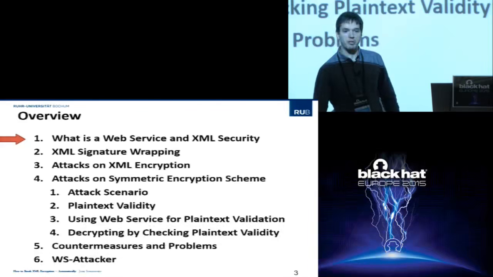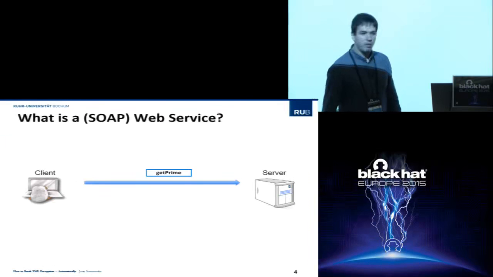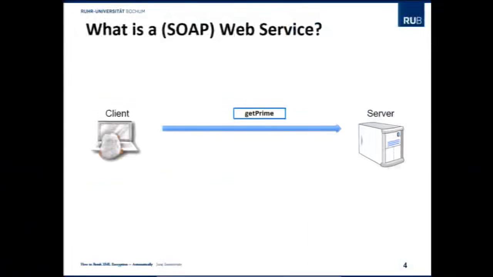Okay, so let's start with some basics about web services. So what is a web service? In this talk, I'm going to talk about SOAP-based web services. We can imagine we have a client and a server, and the client wants to execute some remote function. In order to execute this remote function on the web server, we use web services.